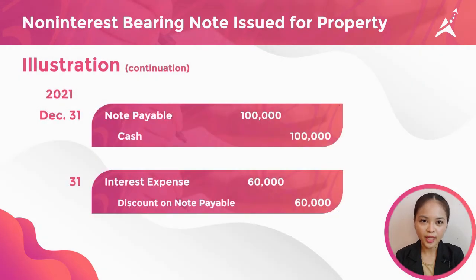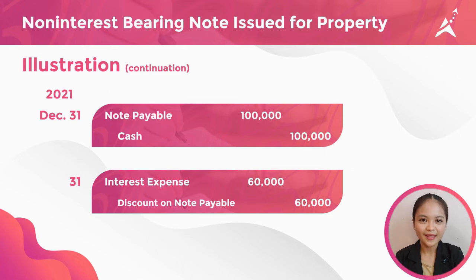For December 31, first, to record payment of annual installment, we will debit note payable for 100,000 pesos and then credit cash for 100,000 pesos as well. Why 100,000 pesos?